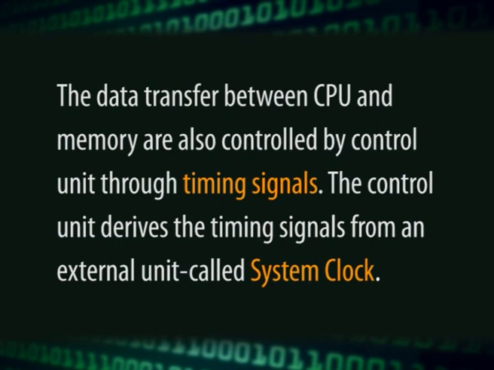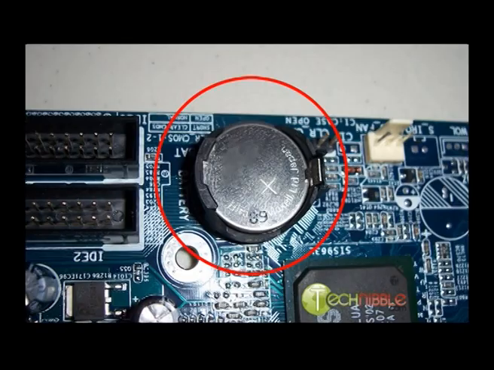The control unit derives the timing signals from an external unit called the system clock. The system clock is a quartz crystal located on the motherboard. The system clock generates a square wave which changes from 0 volts, marked as 0, to 5 volts, marked as 1, every specified time period. If the time period is 1 millisecond, it generates 0 volts for 500 microseconds and then 5 volts for the next 500 microseconds to complete the cycle of 1000 microseconds, which is equal to 1 millisecond.